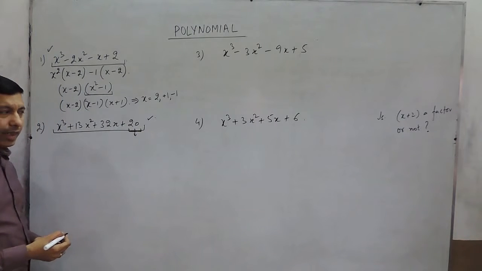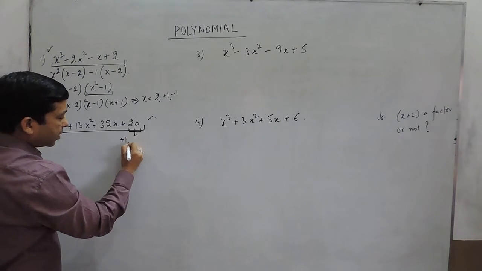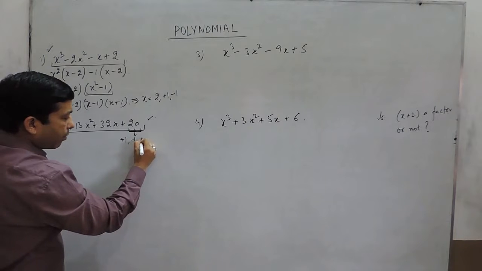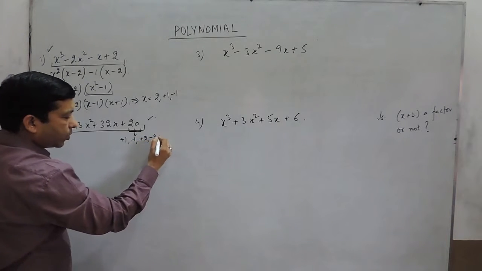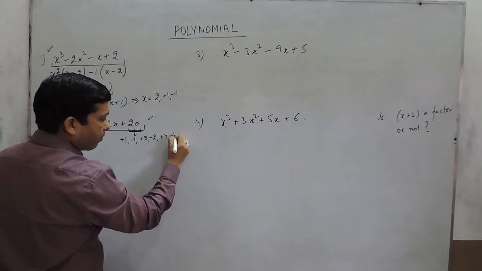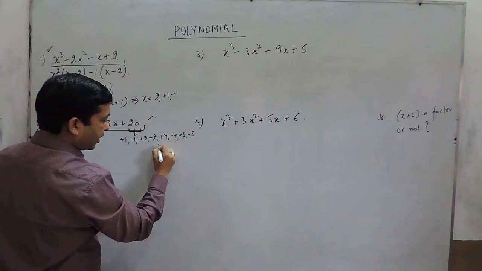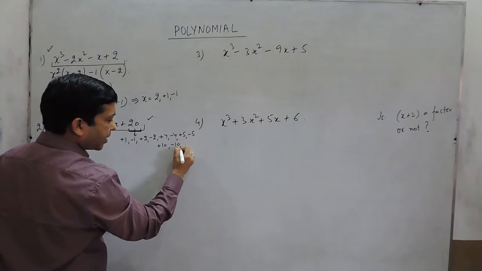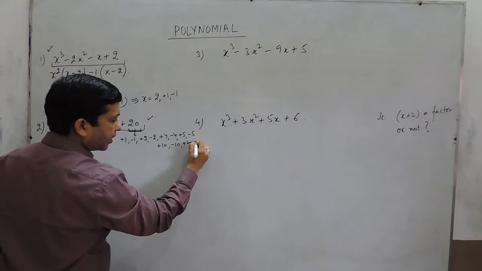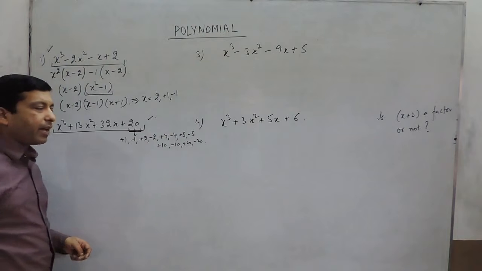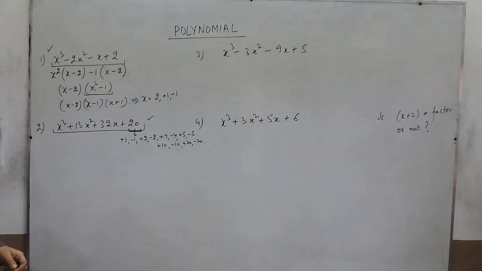Here, the term is 20. The factors are plus 1, minus 1, plus 2, minus 2, plus 4, minus 4, plus 5, minus 5, then plus 10, minus 10, and plus 20 and minus 20. All these can be considered as the factors of 20.